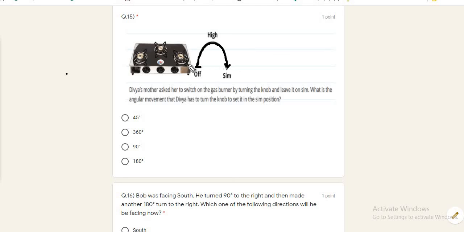So the angle covered is 180 degrees. When you turn around, if you are moving east and you turn around towards west, the angle covered is 180 degrees. That is a straight line angle. So D is the correct option.